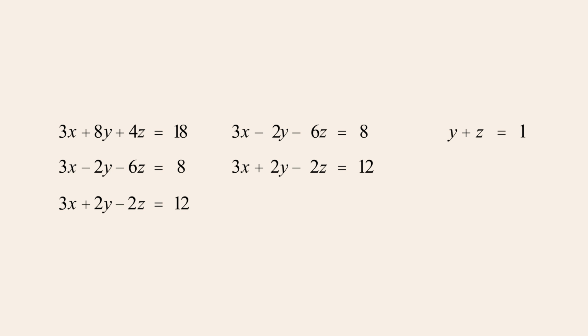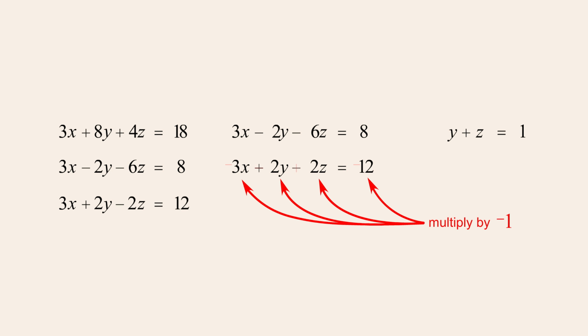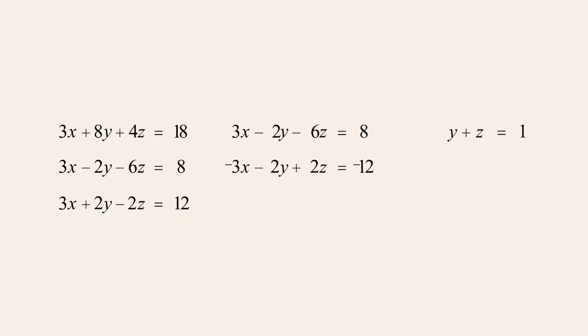Multiplying the third equation by -1 and adding the equations, we get -4y minus 4z equals -4. Or dividing by -4, we once again get y plus z equals 1.